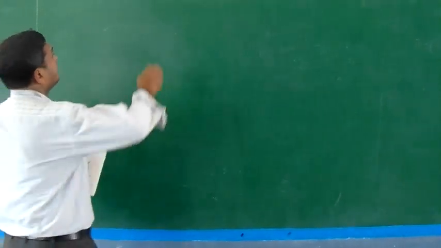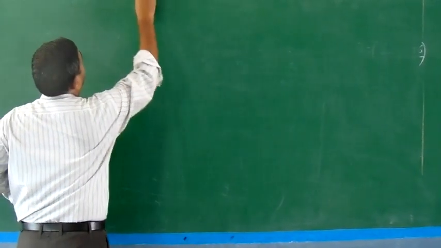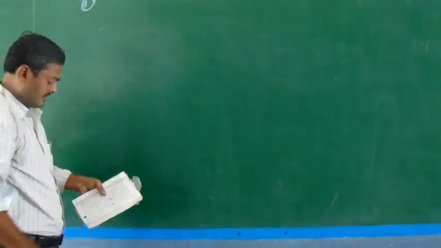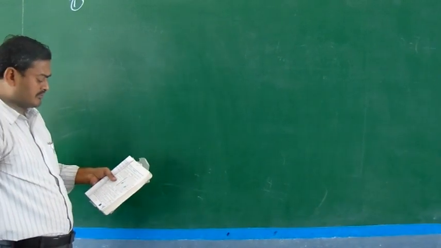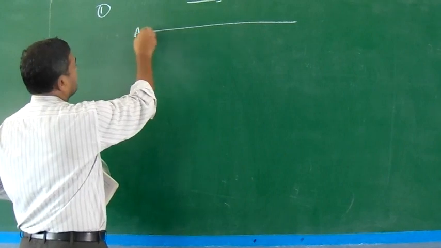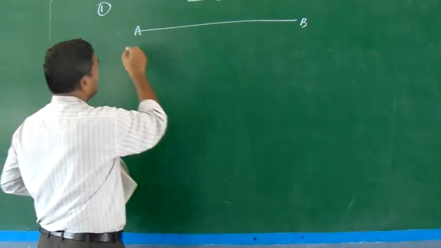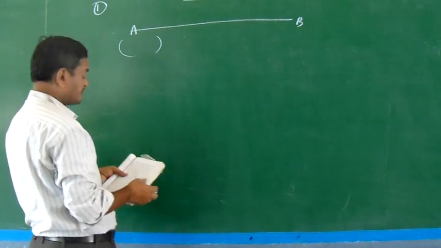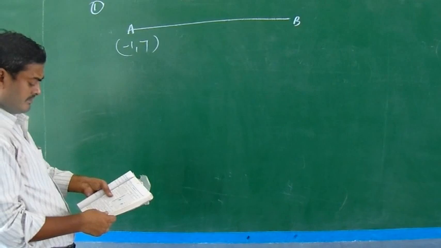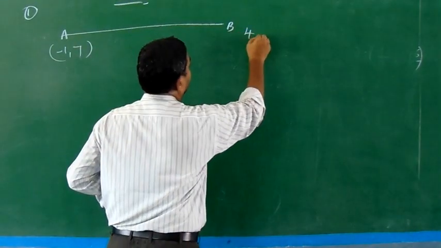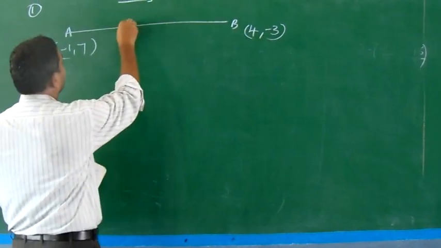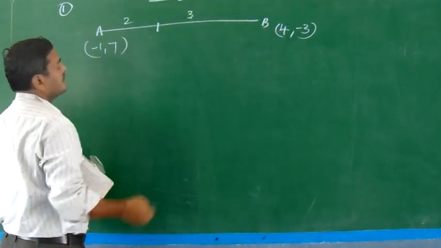Now if we go for the exercise, 7.2, first sum. What is given? Find the coordinates of the point which divides the line segment AB, where A is (-1, 7) and B is (4, -3), in the ratio 2 is to 3.